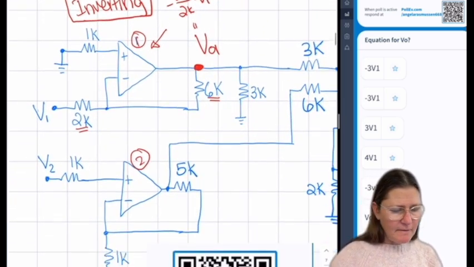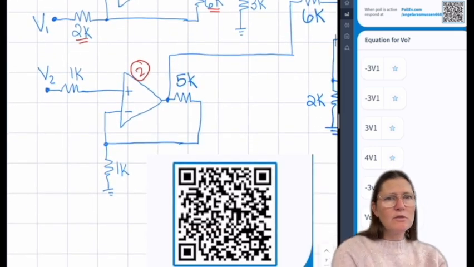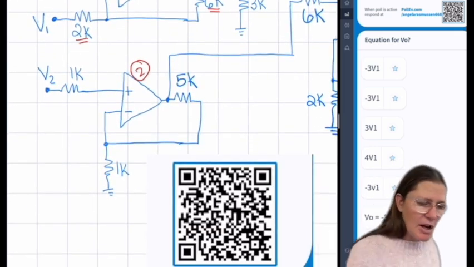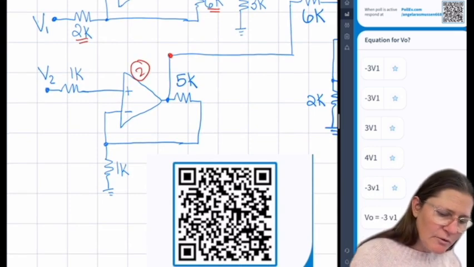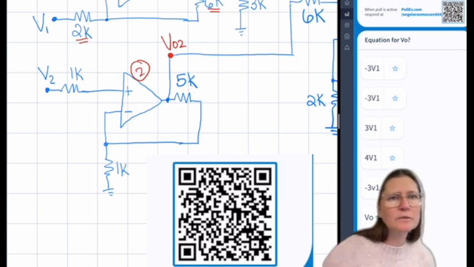Okay, for 2, go ahead and find the voltage at this node, VO2.